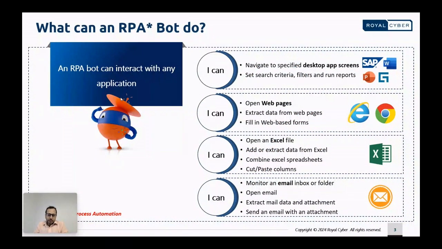Before diving deep, just a little bit on what an RPA bot is and what it is not. RPA is a software robot that can navigate to specific desktop screens and web applications, scrape data from applications, type data into application forms, and operate MS Office tools like Excel, email, receive email, create emails.